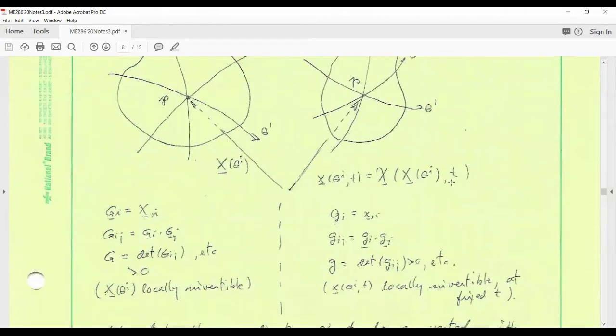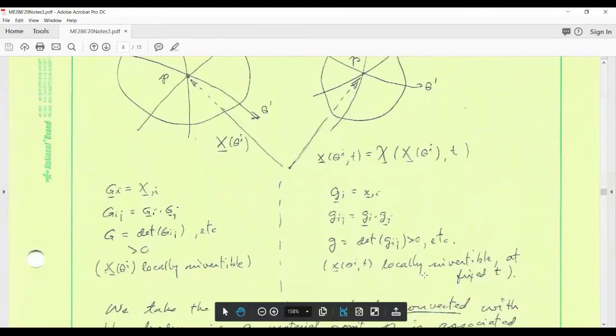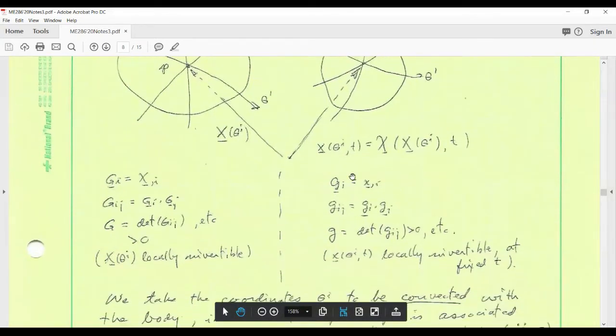We're holding time fixed here when we do this, of course. We can form the metric, determinant and so on. And we do the same in our reference configuration, except this position, capital X, is now a function only of the convected coordinates, not dependent on time.